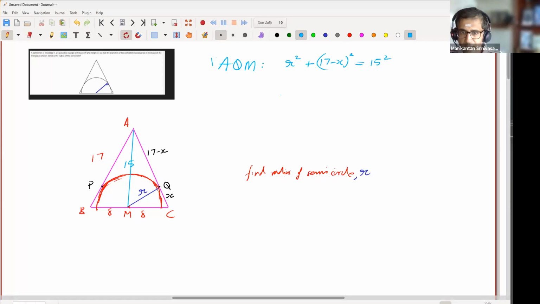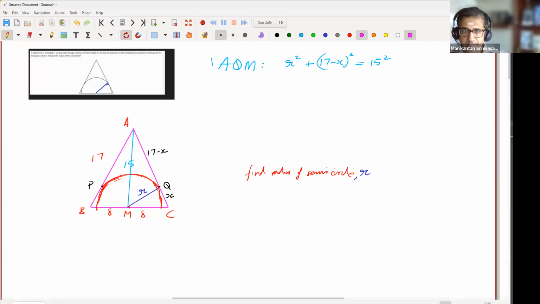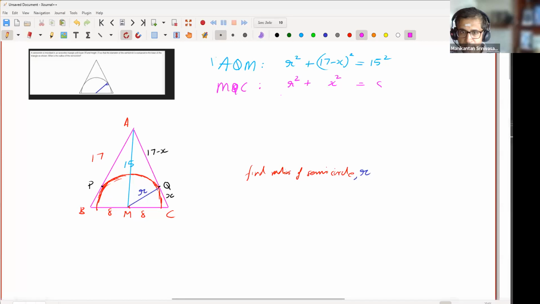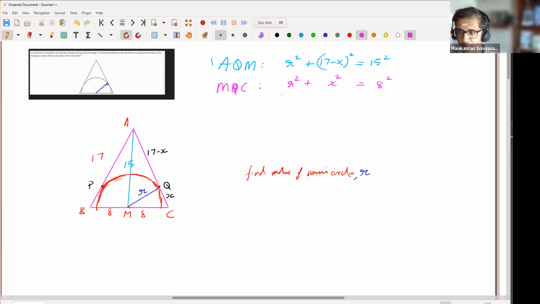Similarly, the lower triangle is MQC. In the lower triangle MQC, we can also use Pythagoras theorem: R square plus X square equals 8 square, because MC is the hypotenuse, the bottom one.